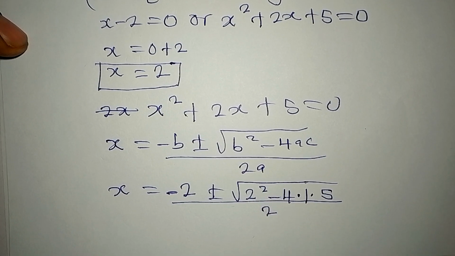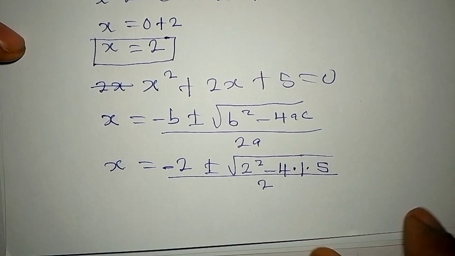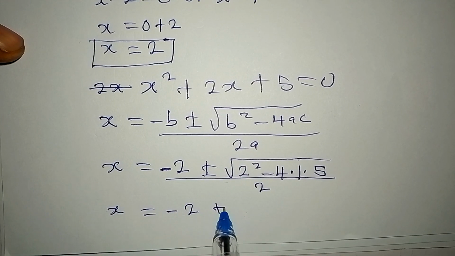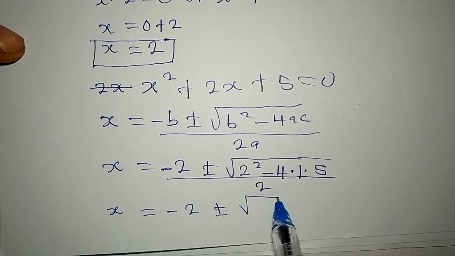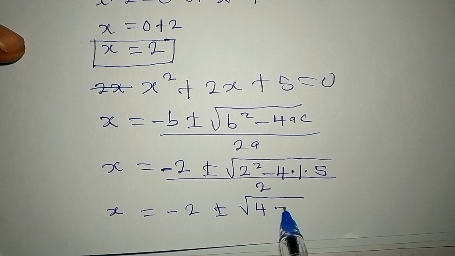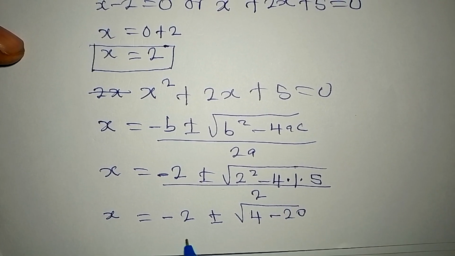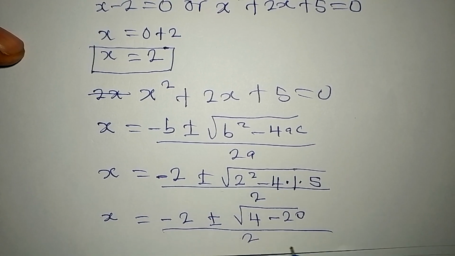We divide this by 2, right? Because 2 times 1 is still 2. And then x from here will be equal to minus 2 plus or minus square root of 4 minus 20. Because 4 times 1 times 5 is 20. Then we divide everything by 2.